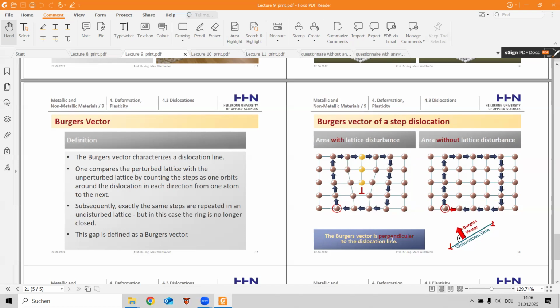So the Burgers vector is perpendicular to the dislocation line. Dislocation line and area without lattice disturbance.